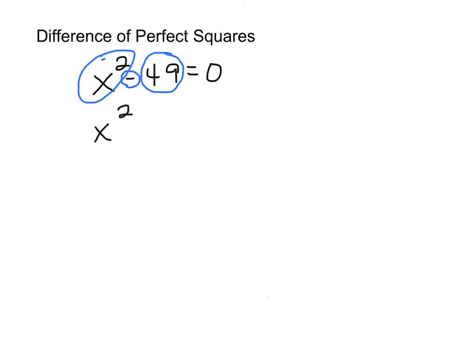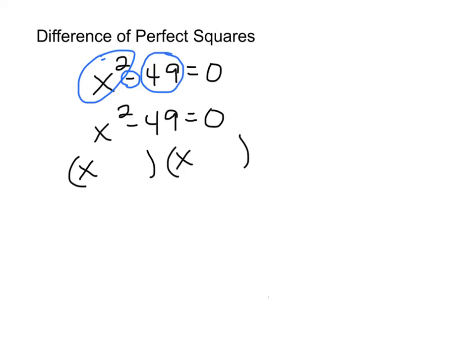I'm going to rewrite it here. It really factors down the same way. I'm going to set up my two parentheses, and my first two terms have to be an x and an x, because x times x is equal to x squared.